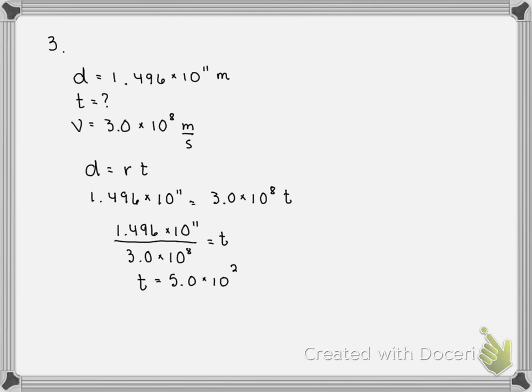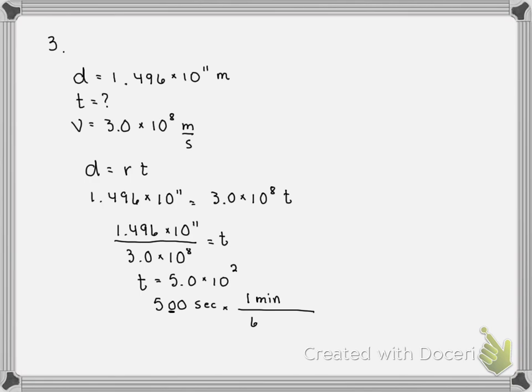Maybe converting that to minutes would make it more helpful. So we're going to use 500, but allow for the significance in that middle spot there, the first 0 from the left. So we're going to change 500 seconds to minutes.